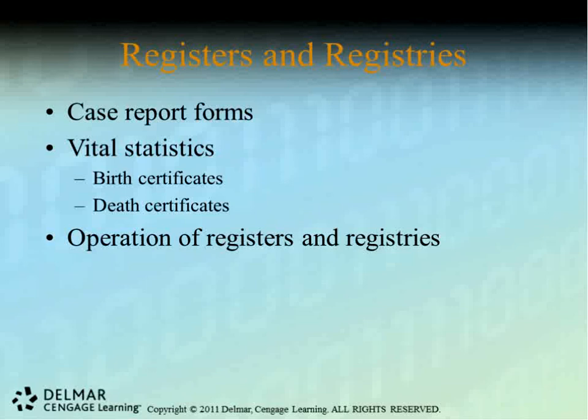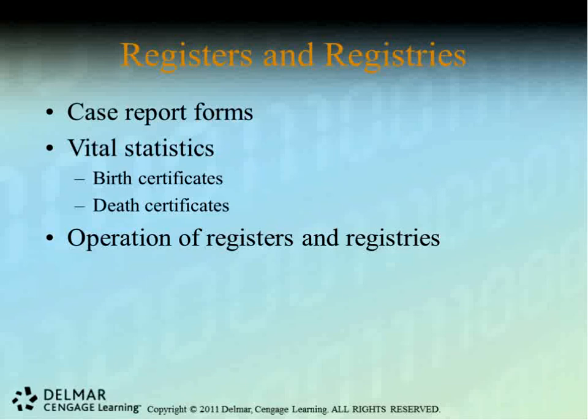The operation of your registers and registries can be sponsored by different facilities, organizations, or entities. You got your federal government, your state, nonprofit organizations, individual groups and hospitals. You also have private groups, state government, universities.